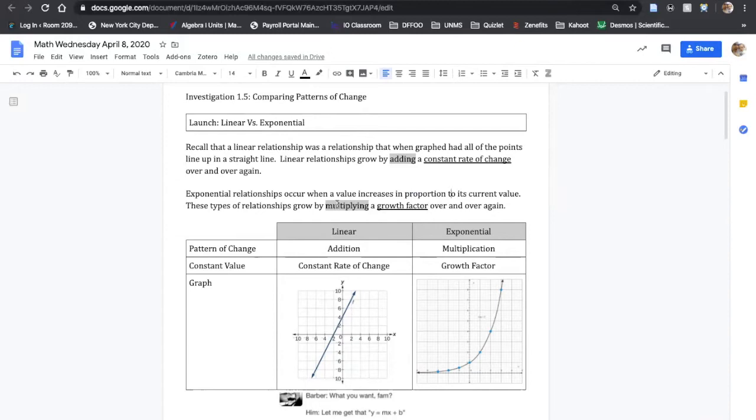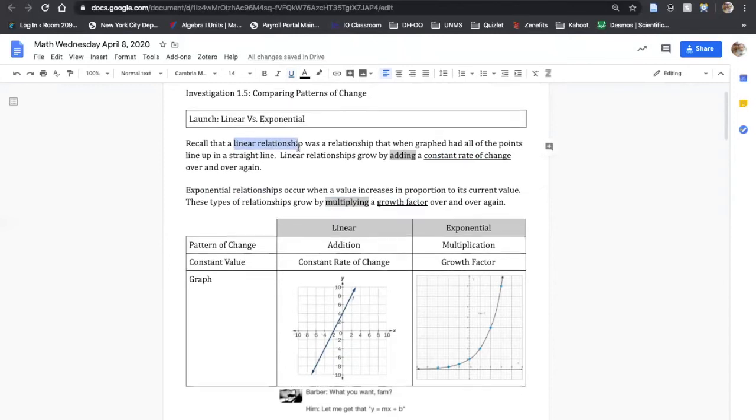So to go from one item to the next, we ended up multiplying by 2 every time, right? And that 2 that we had to keep multiplying is something that we refer to as the growth factor, okay? So the growth factor in an exponential relationship is kind of like the constant rate of change or the unit rate in a linear relationship, okay?